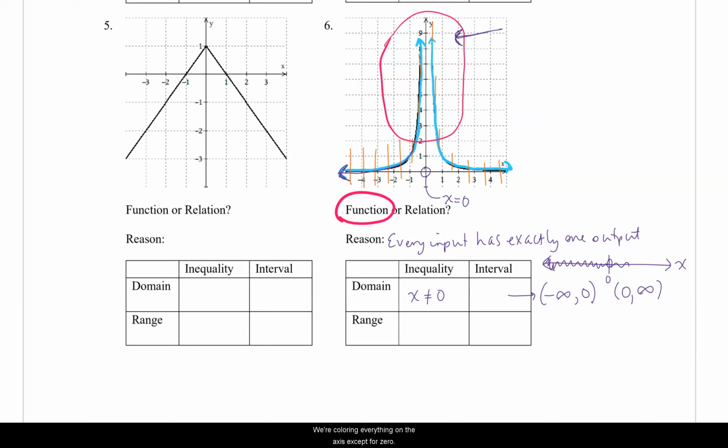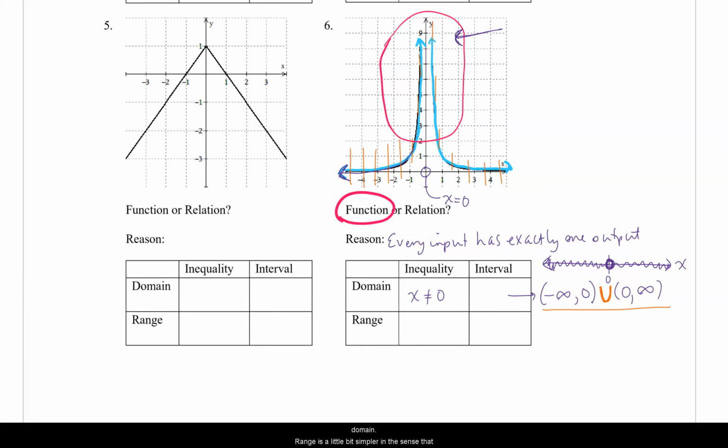We're coloring everything on the axis except for 0, with a big open circle on 0. In order to indicate that these two interval components are together, we use this symbol called a union. It looks just like a capital U, and that's our interval for the domain.